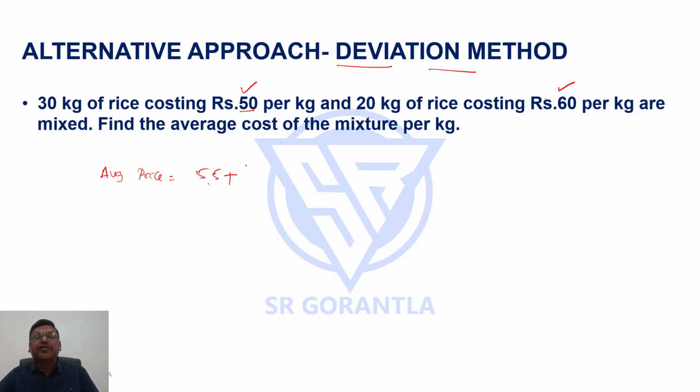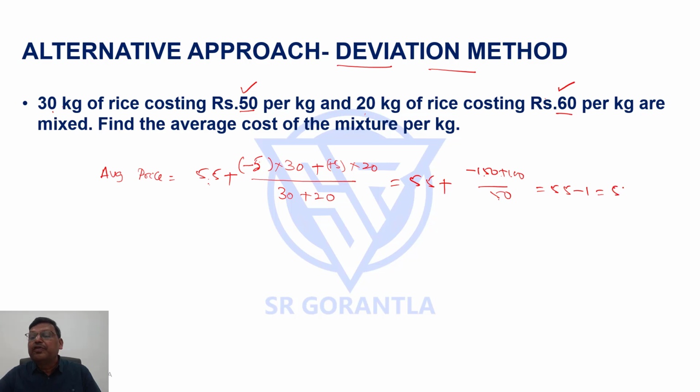This 50 is 5 less than 55, so minus 5 into the quantity 30, plus this 60 is 5 more than 55, so plus 5 into the quantity 20, by the total quantity 30 plus 20. You can see here it is 55 plus minus 150 plus 100 by 50, that is minus 50 by 50, that is minus 1. 55 minus 1, 54 is our answer.